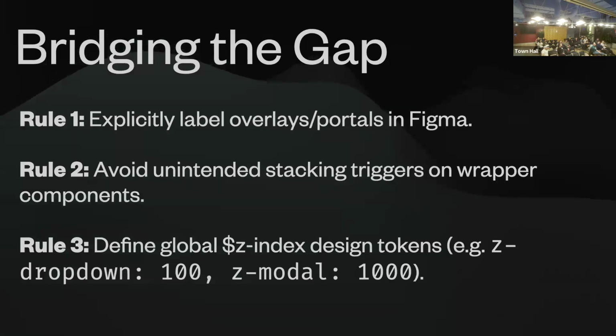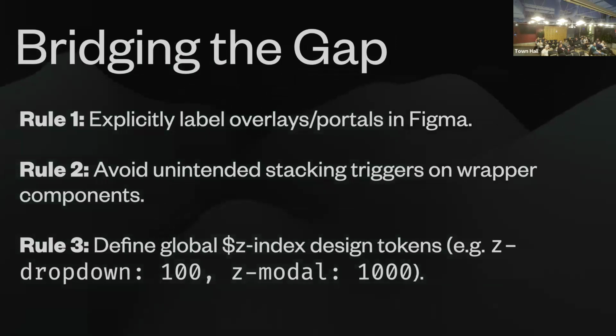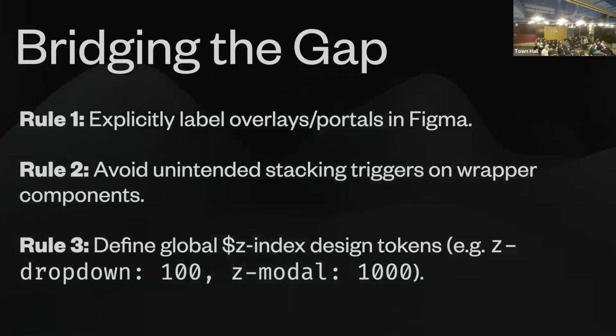If you're working in a team, these are some of the things that I would recommend to tell your designers to do, especially the last one, defining global design tokens for Z indexes. That way, whenever the designer is putting all the stuff in, they can add those attributes as tokens next to the components, and they show up on Figma Dev.